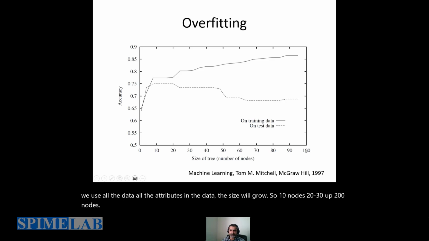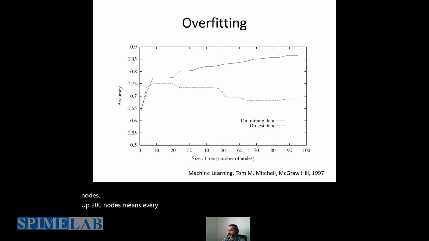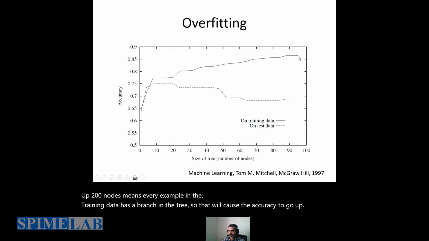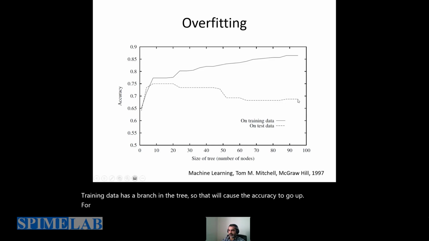Up to 100 nodes means every example in the training data has a branch in the tree. That will cause the accuracy to go up for training, but go down for test. And they diverge. The bigger the size of the tree, the bigger the difference between test and training will be.